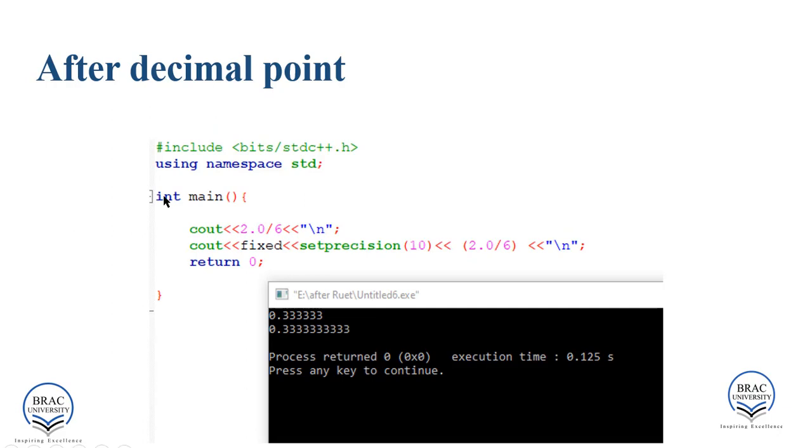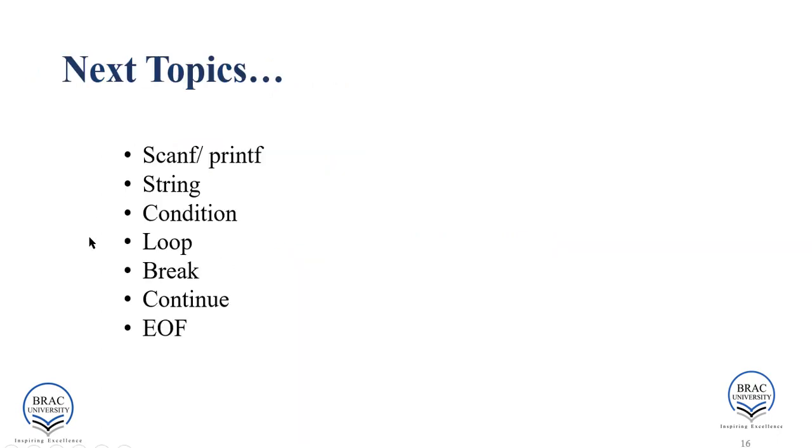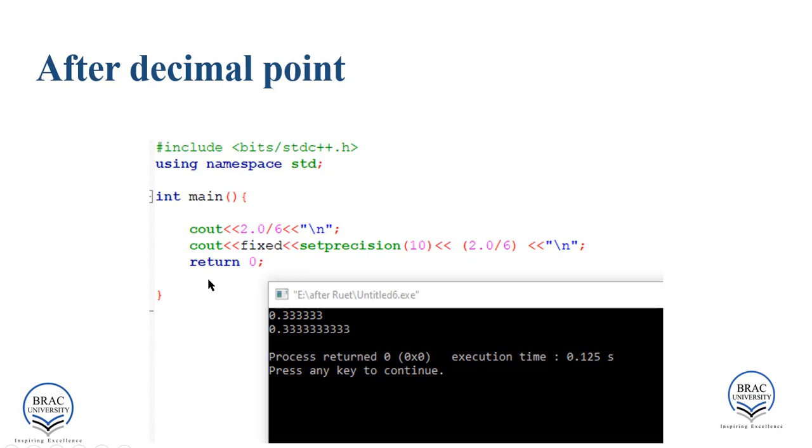For a decimal point value, to determine how many numbers will be taken after the point, we can just use the set precision method. That means when you try to divide 2.0 by 6, it will show you 0.33333.